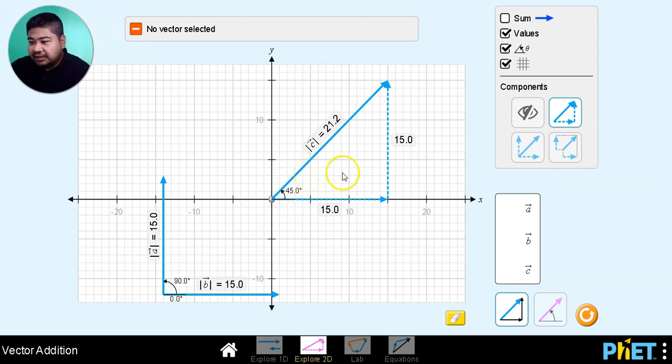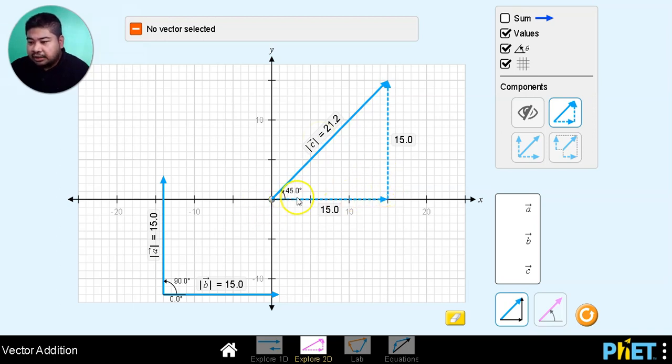Vector C has a length of 21.2 and the direction of vector C is 45 degrees. So to resolve vector C means that you are going to break vector C into its perpendicular components.